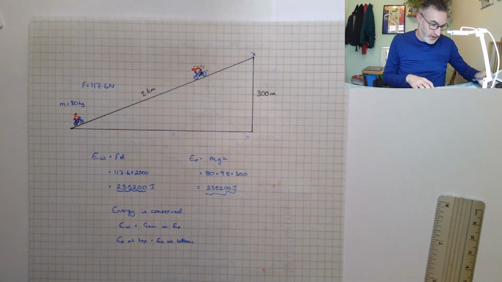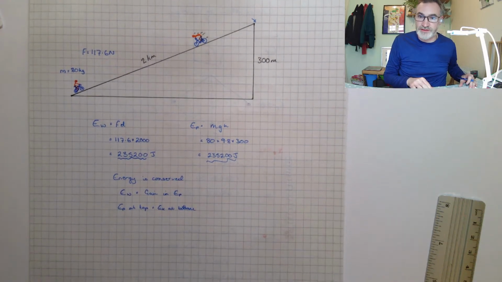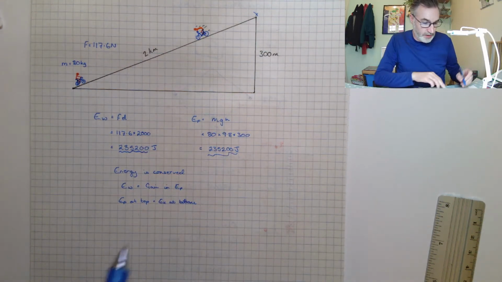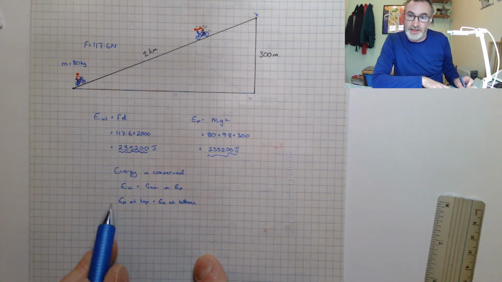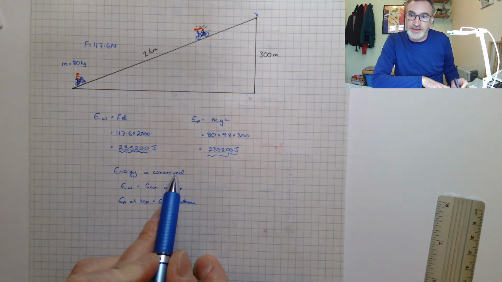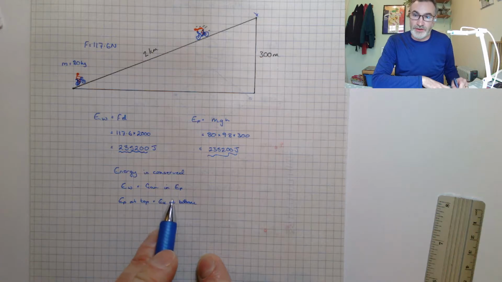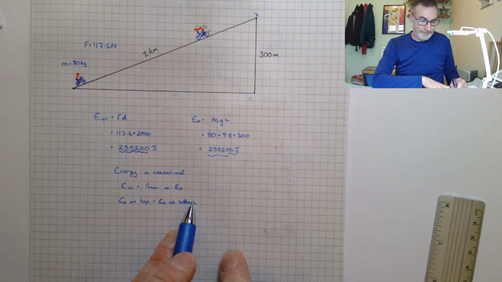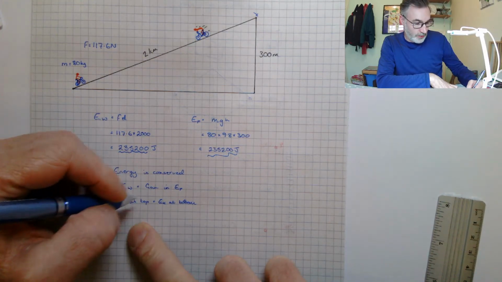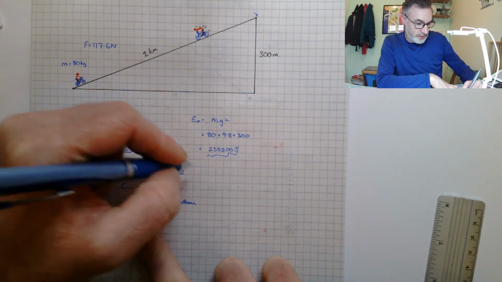Now, every time you're doing a conservation of energy calculation, you will want to make a statement like this. Either energy is conserved or potential energy at the top is equal to kinetic energy at the bottom. So then we can start using our formula.